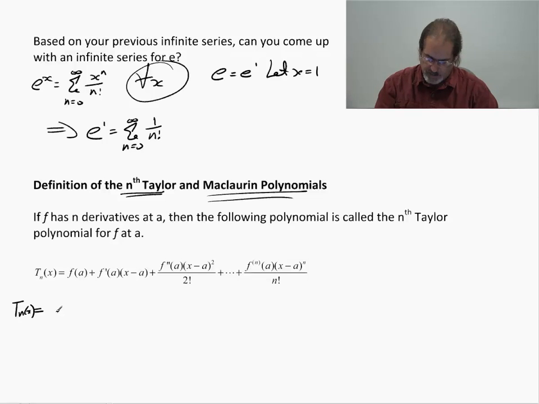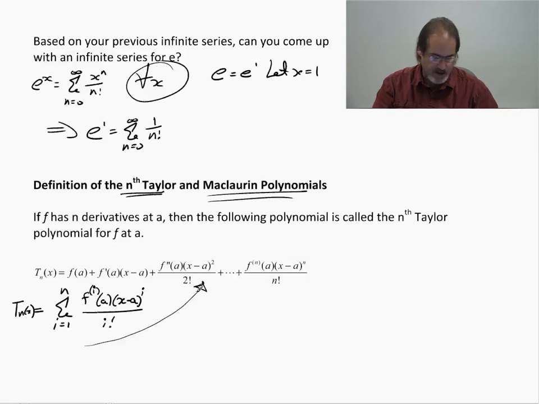The nth Taylor polynomial will be the sum i equals 0 to n, I'm stopping at n, hence the nth, of the ith derivative evaluated at a times x minus a to the i over i factorial. See, this describes what we're looking at right there. That actually describes that quite nicely.